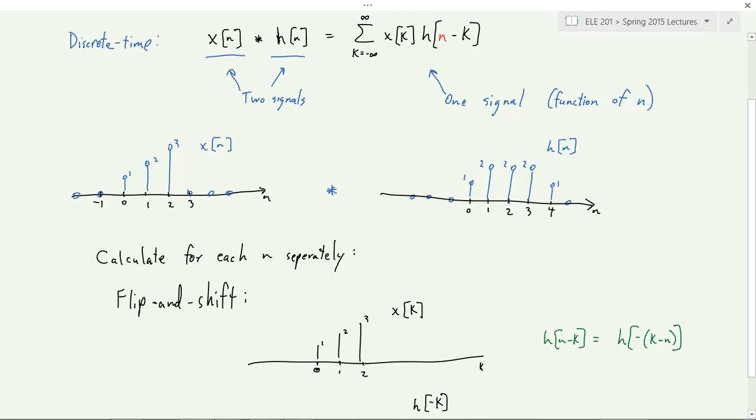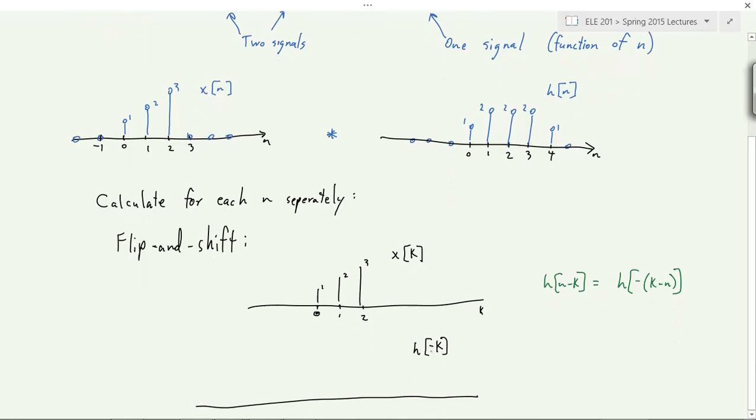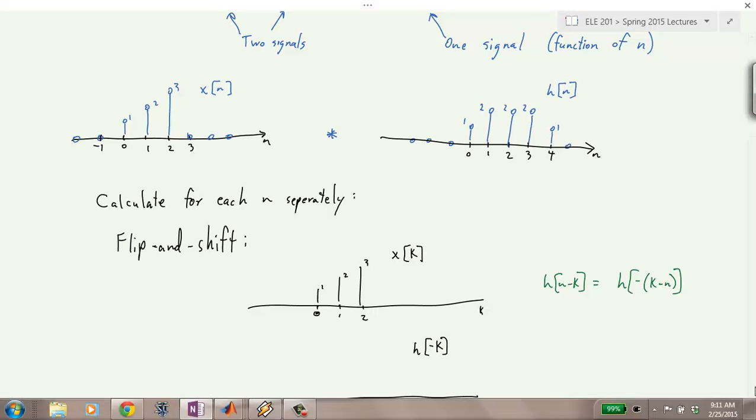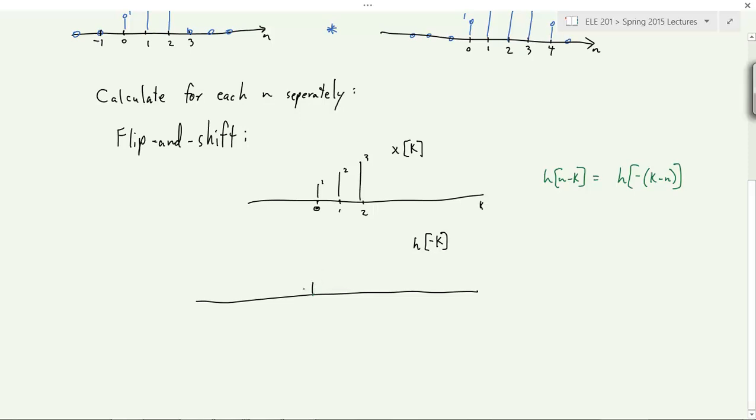And we can see that the negative 1 flips things in time, and the minus n will give us a shift. Okay, so in other words, we want to look at something like h of negative k, which is just going backwards.